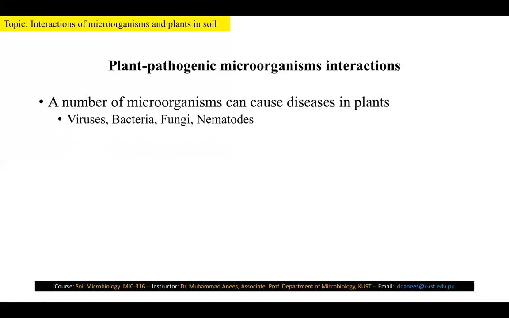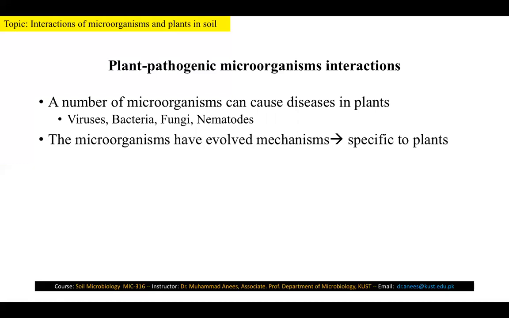There are a number of microorganisms that can cause diseases in plants, including viruses, bacteria, fungi, and many more, such as nematodes. These microorganisms have the ability to cause diseases in plants because they have evolved certain mechanisms, and these mechanisms are sometimes very specific to some plants.